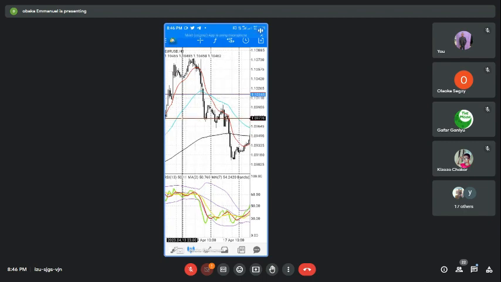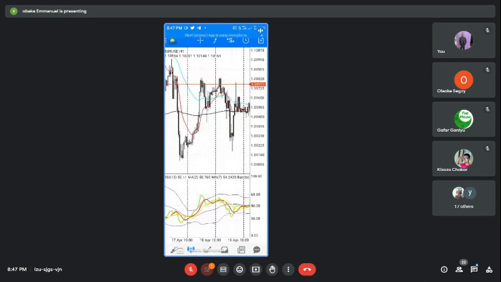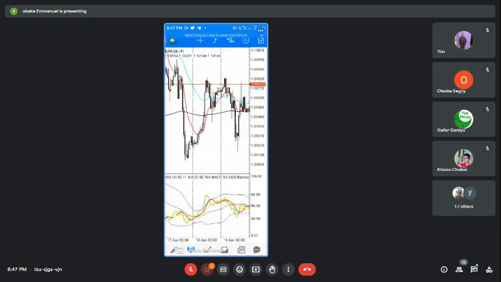Though this breaking was qualified, good, coming to touch the 200 MA will make me not take it. So I don't trade that H1 ID50. Like this one, I will trade because it did not touch it.